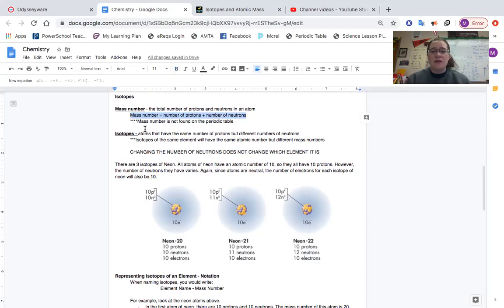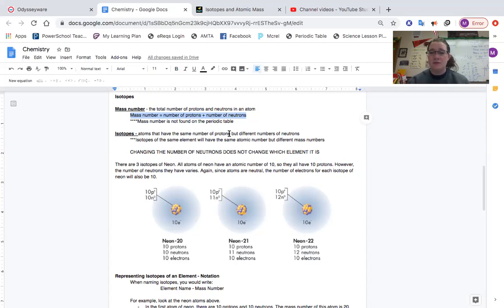When we're dealing with neutrons, the number of protons shouldn't change from element to element, but the number of neutrons within the nucleus with those protons can. Isotopes have the same number of protons, but a different number of neutrons. If you change the number of protons, that changes what element you're dealing with.